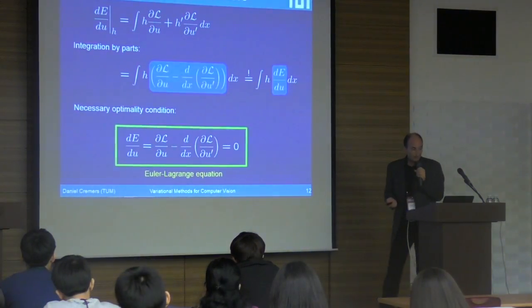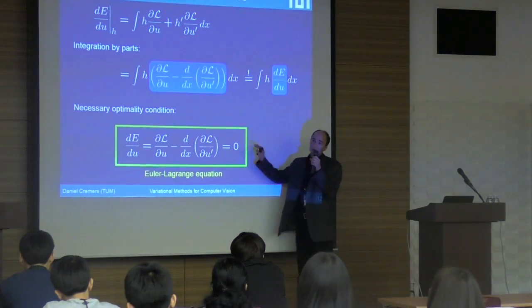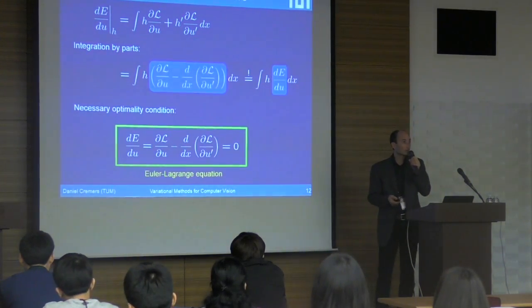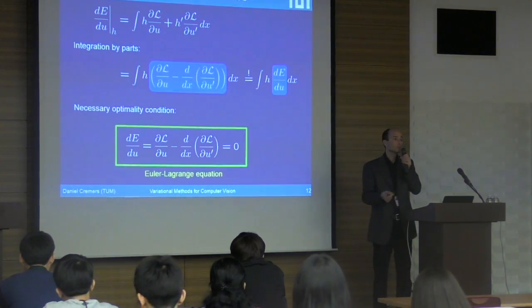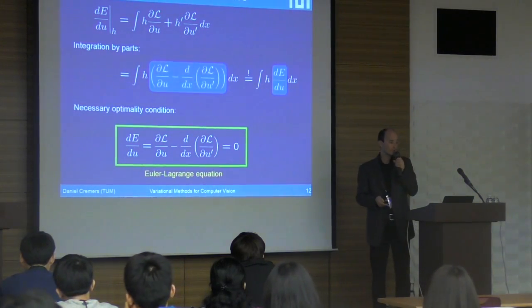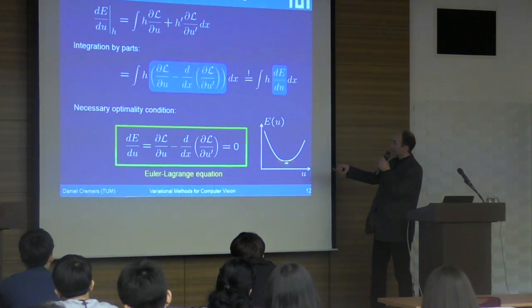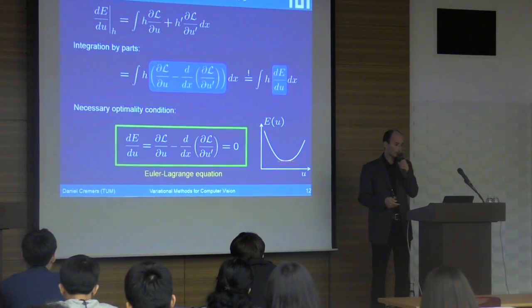It's typically a partial differential equation, and so invariably anyone who works on variational methods typically also works on partial differential equations, because once you solve the variational problem, you're usually faced with solving differential equations. Again, here the idea being that at the minimum this should be 0. So this is this necessary condition.